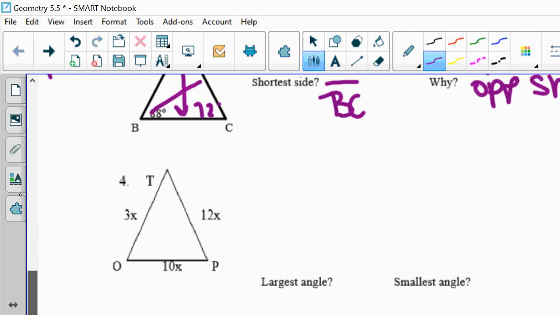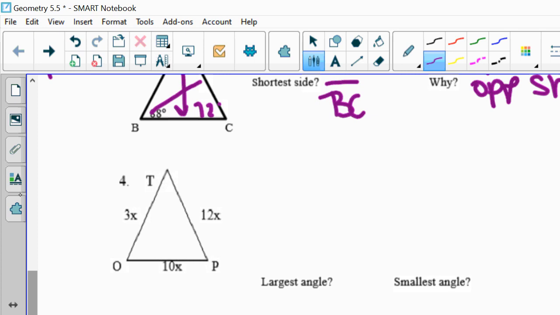All right, so number 4, triangle TOP. Notice that they do not give me the side lengths. They give me 3x, 10x, and 12x. This is just like when we were doing our extended ratios, okay? We don't know necessarily what that side is, but we see the ratio, and so we know that no matter what number we plug in for x, that the 3x, that's going to give me the smallest side.